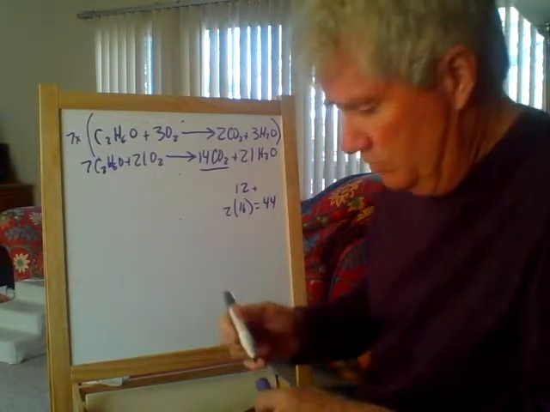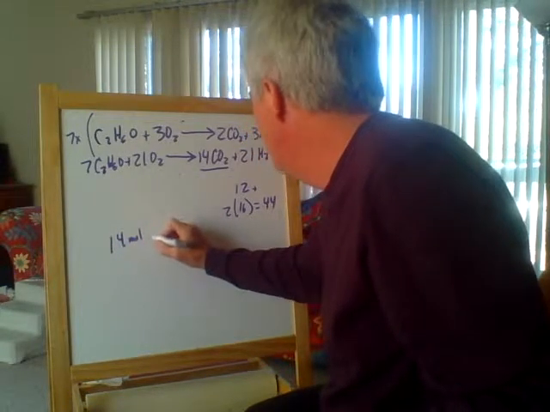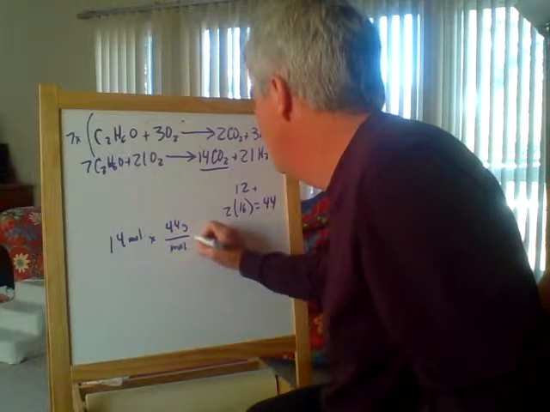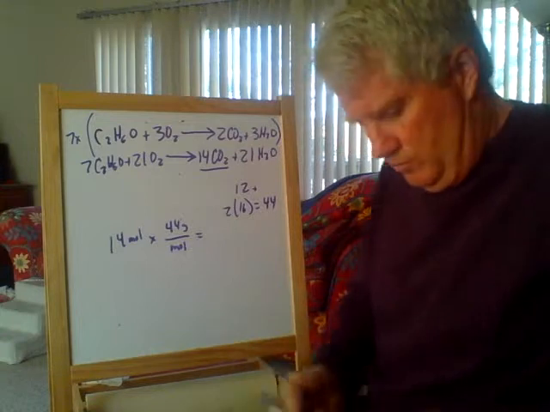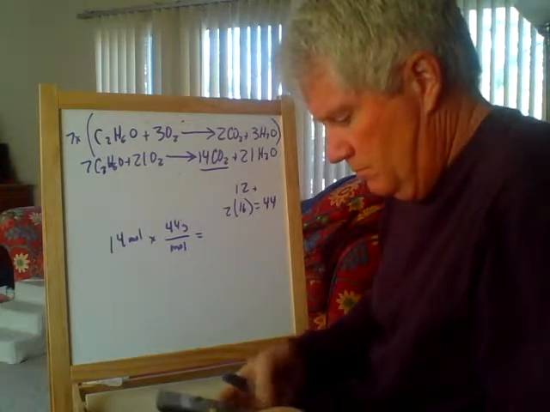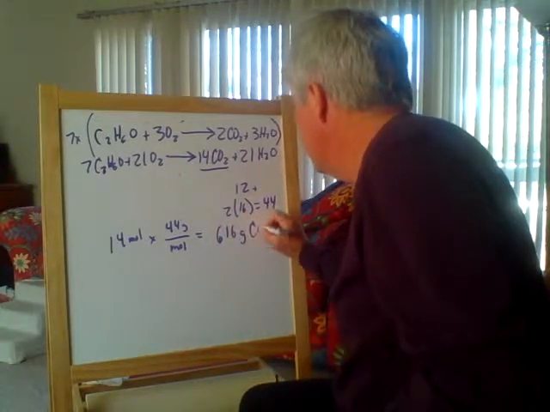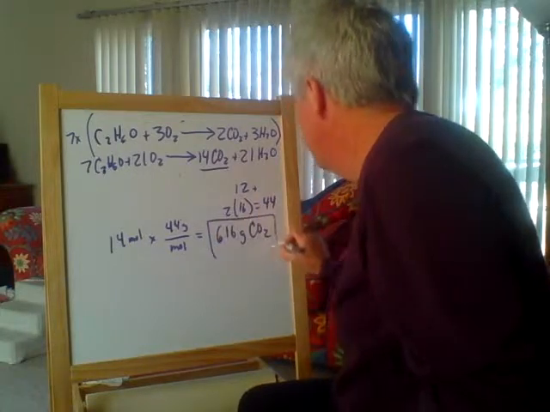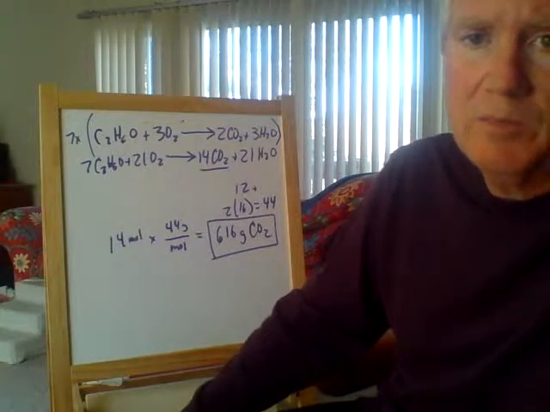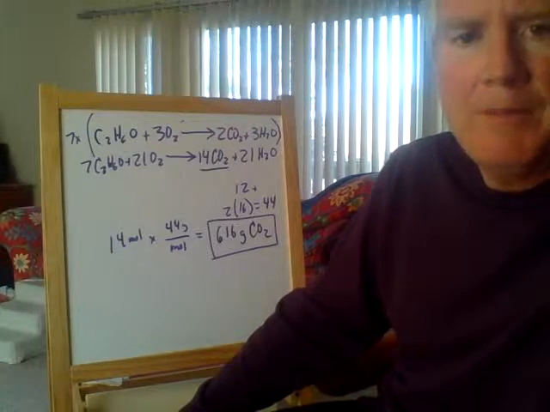So 14 moles of CO2 times 44 grams per mole gives 616 grams. So 616 grams of carbon dioxide will be produced when you burn a half a liter of strong vodka.